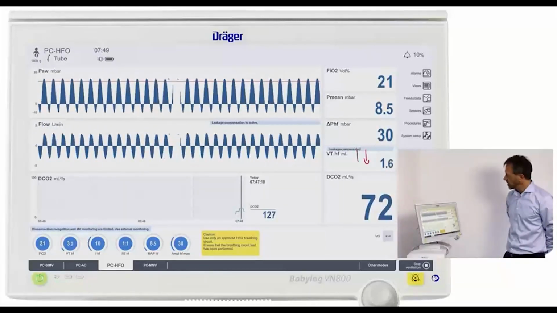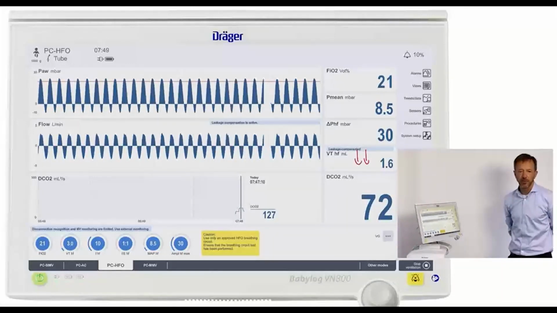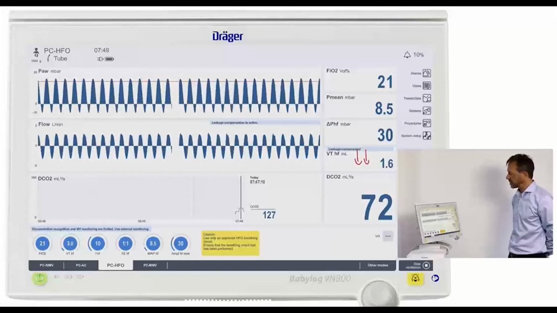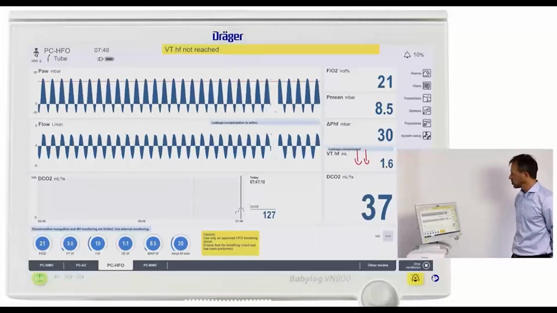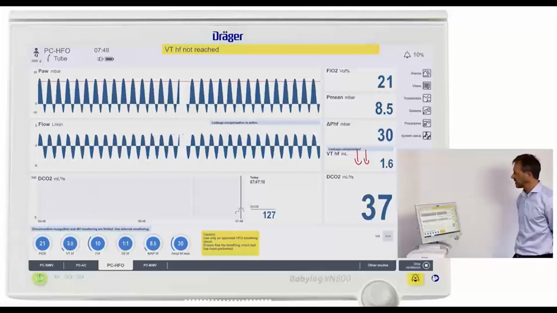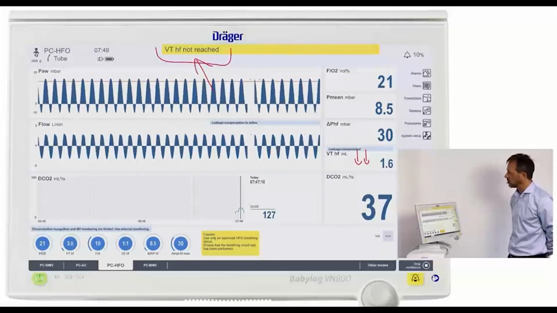You see that the delta P is not increasing anymore because we have limited the maximum allowed pressure to 30. Now the tidal volume dropped to 1.6, and the ventilator is issuing a tidal volume low alarm.